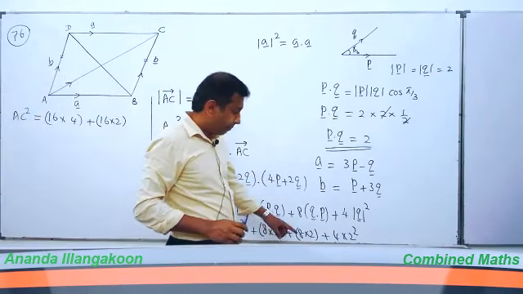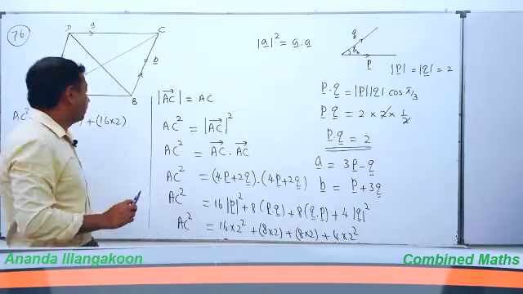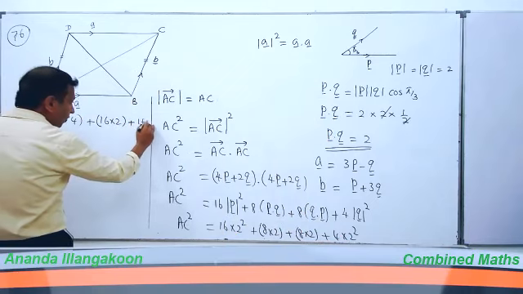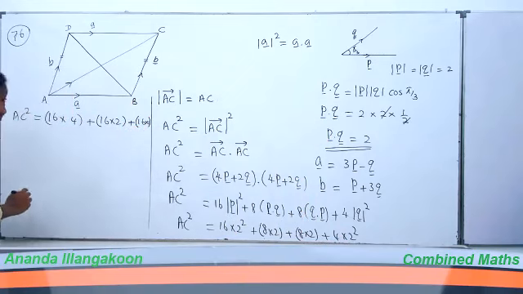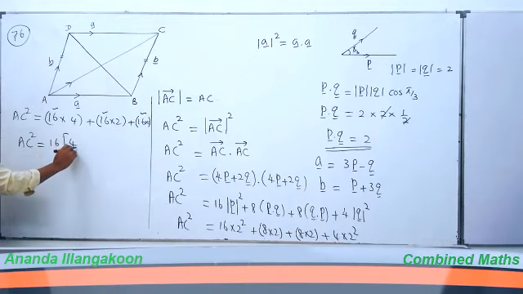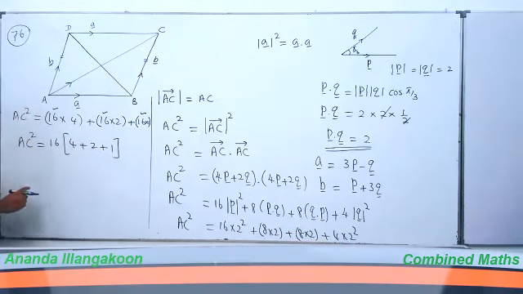Then here 2 squared is 4, 4 into 4 is also 16, which is 16 into 1. Then you can take 16 out as common. Then we get 4, 2 and 1 within the bracket. 4 plus 2 plus 1 is 7.